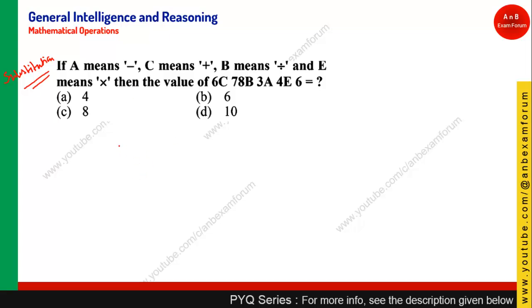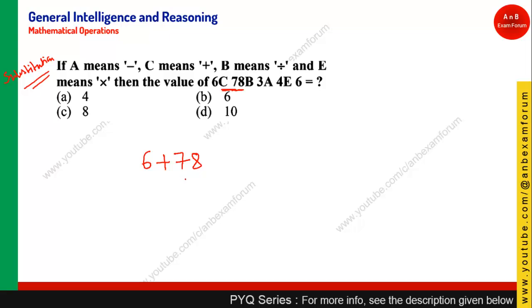In order to solve this question, just look at this expression. First write the number 6. Now read with me, C7. What is C? C means plus. So 6 plus 7, this is not 7, this is actually 78. That's what you need to be cautious about while writing the equation. So 6 plus 78, then B3.